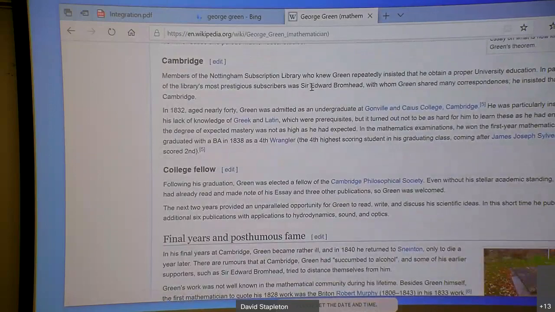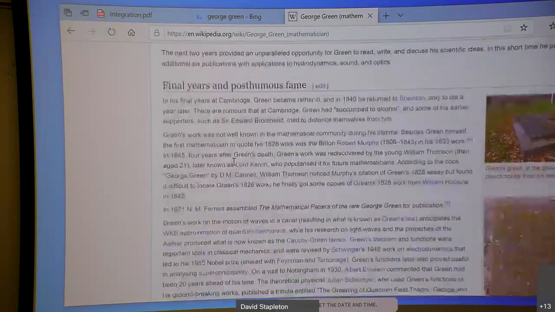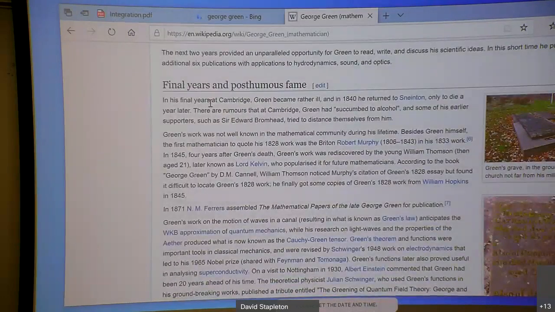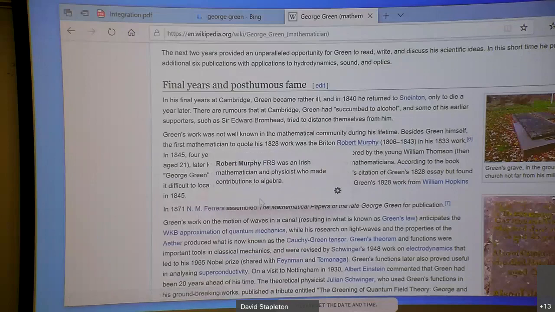But eventually he went to university education connected to Cambridge. Became ill. Green's work was not well known. The first mathematician to quote his 1828 work with this theorem was Robert Murphy.